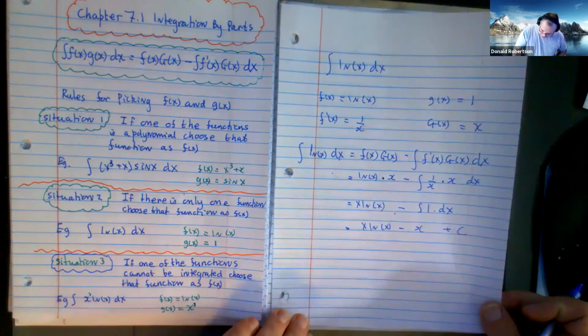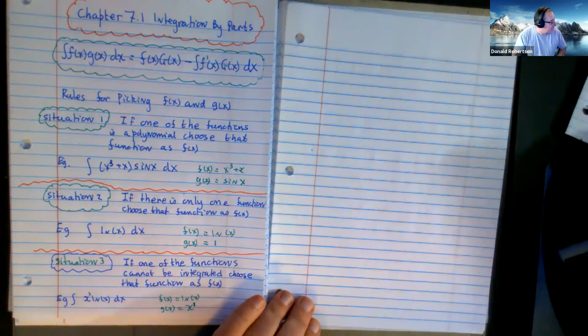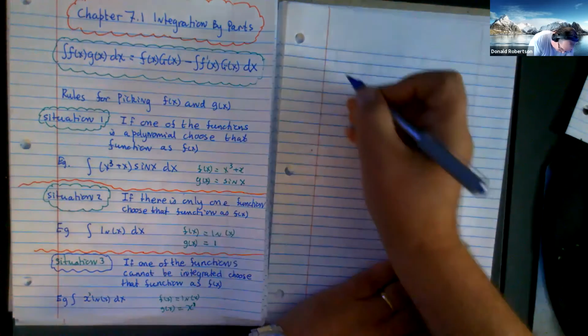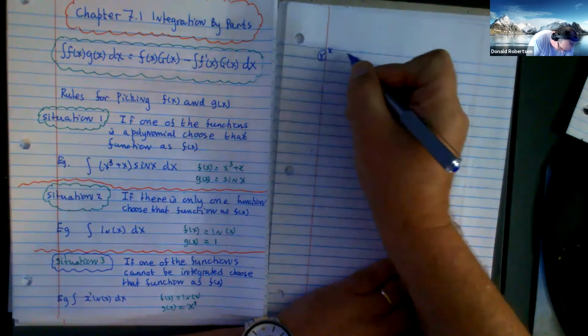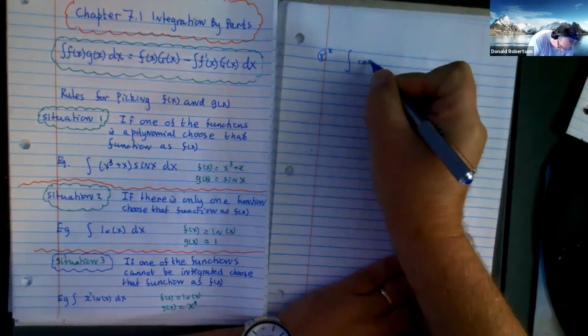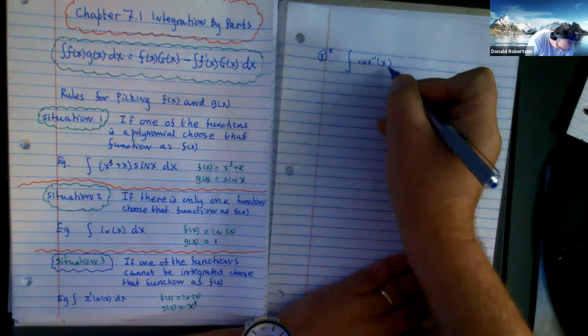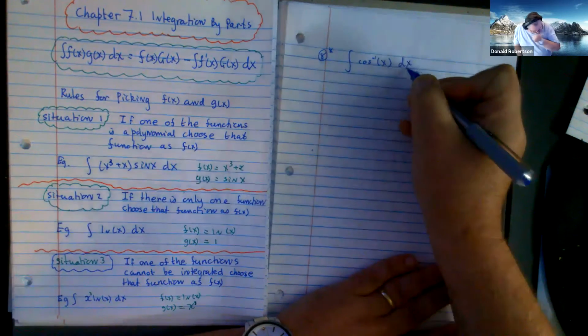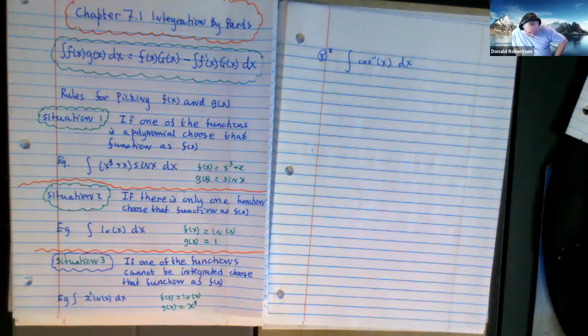Okay. So let's look at an ugly one of those. I know it's called inverse cosine, but for the life of me, I can't find it right now. It's just so I can tell you what number it is. Oh, there we are. It's question 8. This is another example of situation 2.